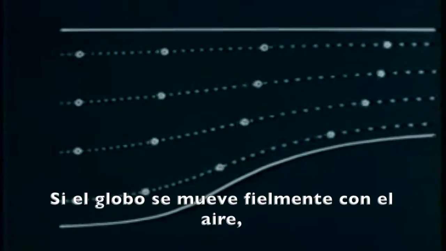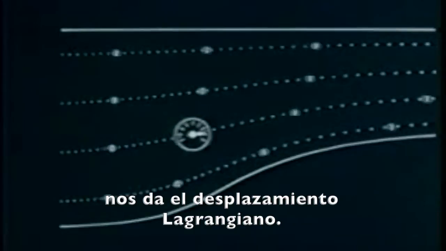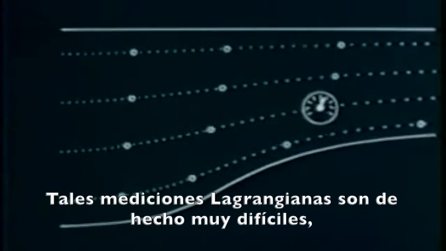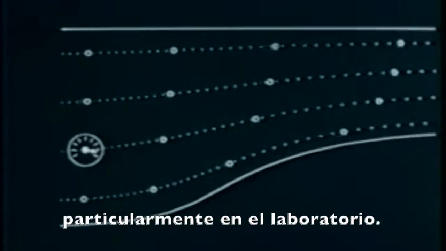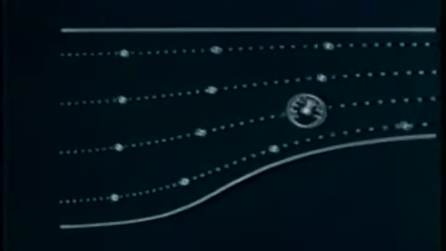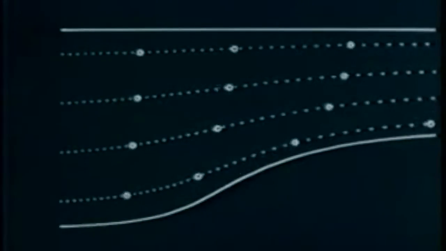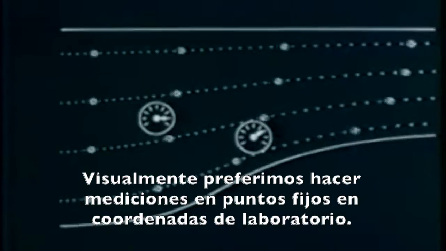If the balloon does indeed move faithfully with the air, it gives the Lagrangian displacement. Such Lagrangian measurements are actually very difficult, particularly in the laboratory. We usually prefer to make measurements at points fixed in laboratory coordinates.